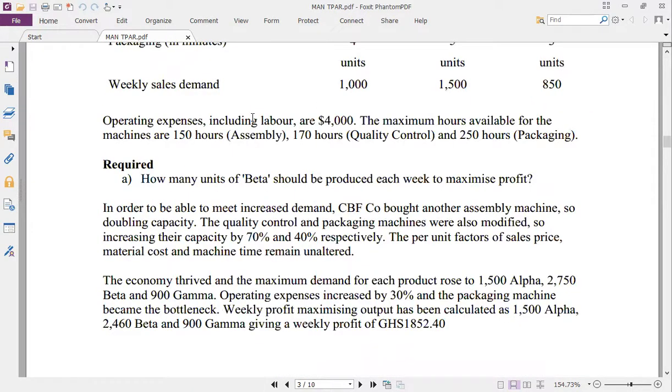Required. How many units of Beta should be produced each week to maximize profit? We said that one of the good news about throughput is that we use throughput to advise or make decisions on the combination or the mix of the product that they should produce in order to maximize profit.